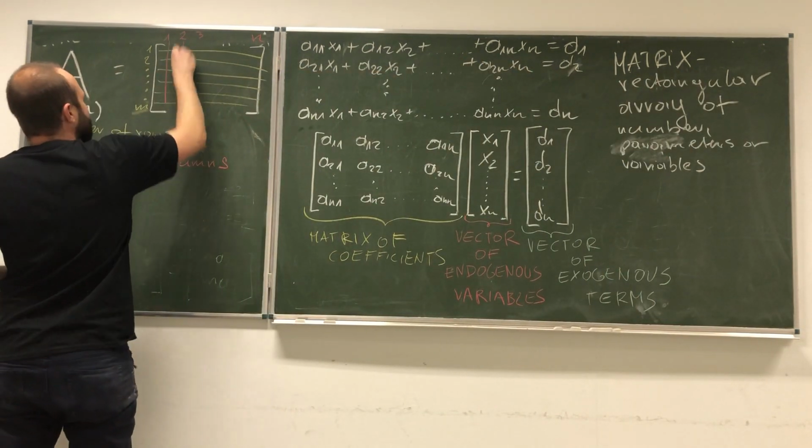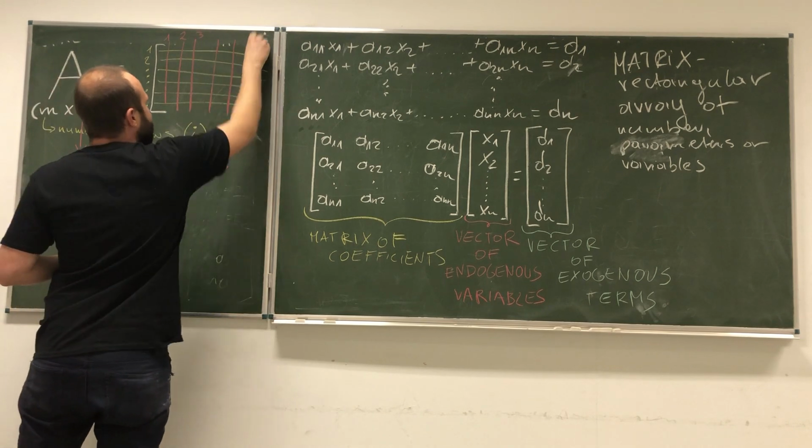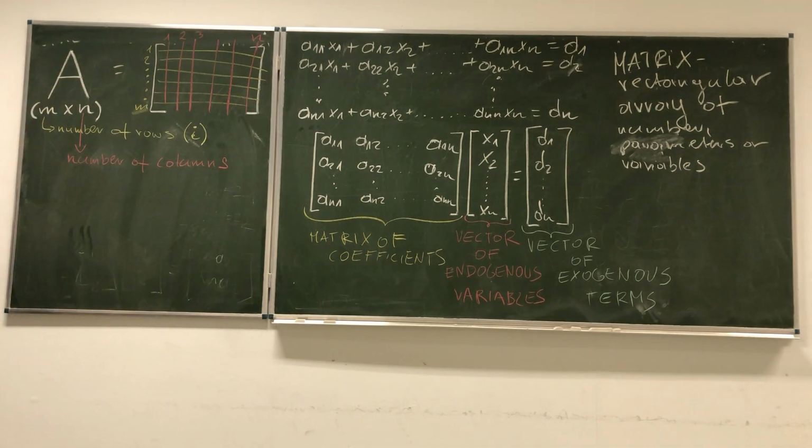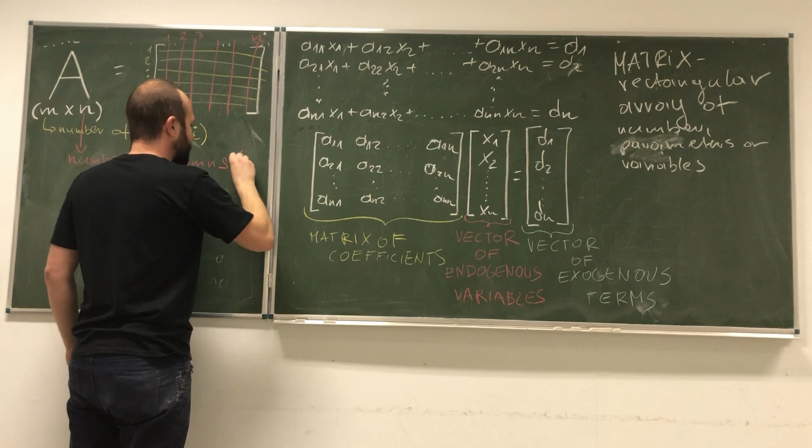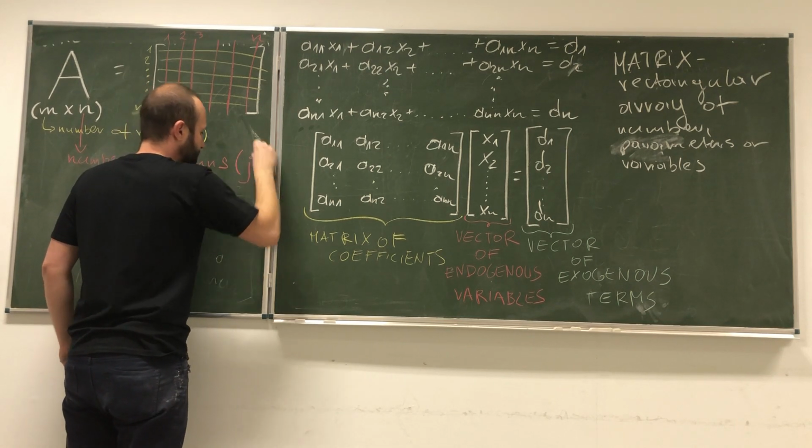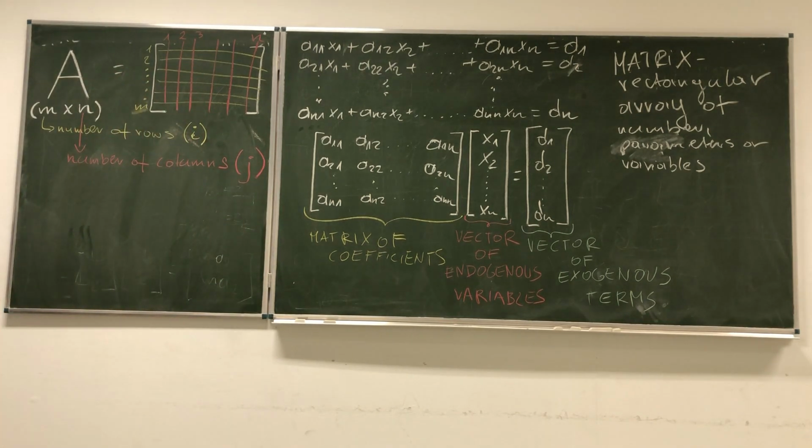And of course, the columns in a matrix are going like this. And we denote the column index by lowercase j.